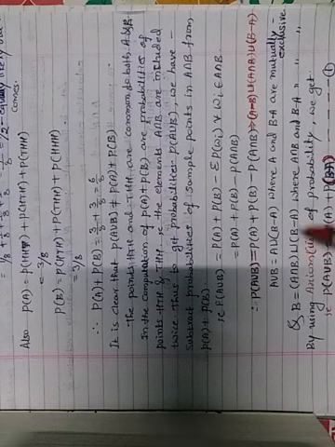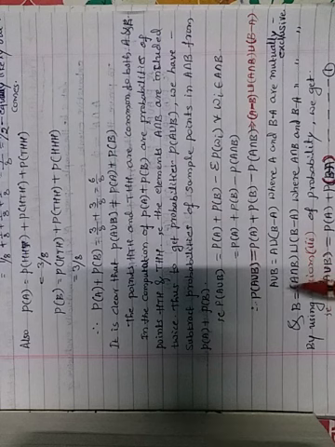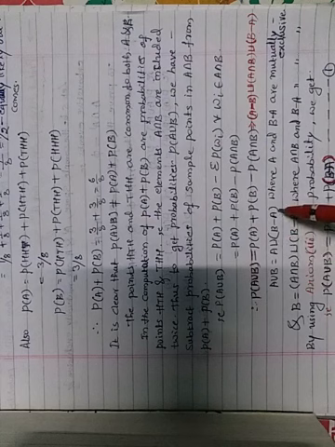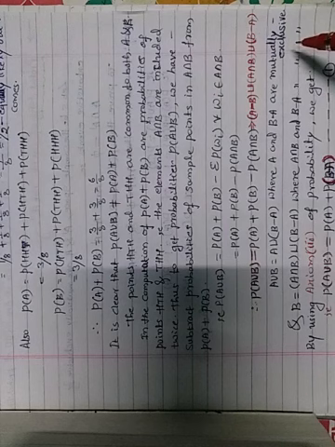Here, this and this are mutually exclusive events. In the above notation, A union B equals A union of B minus A, where A and B minus A are the mutually exclusive events.